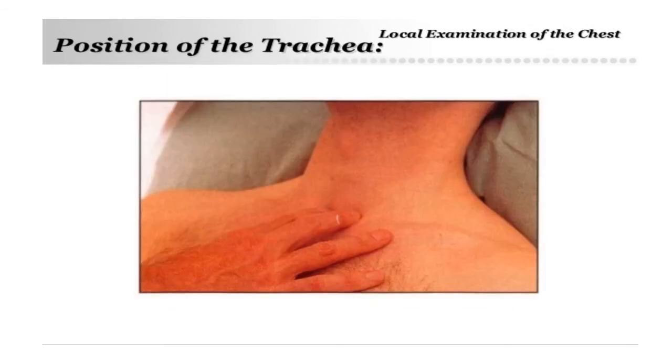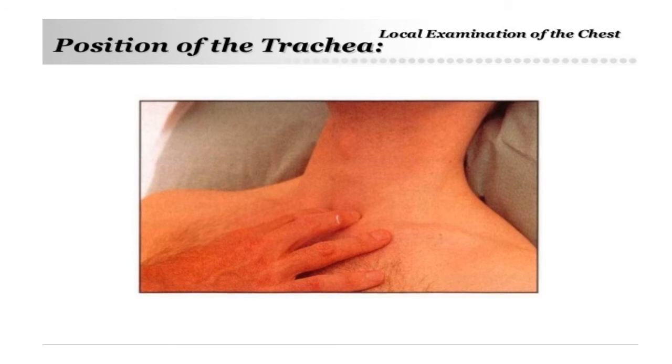Now come to the palpation of the trachea. You have to put three fingers, and with one finger you have to feel the trachea. Normally it's central in position, and if it's deviated from the position, then there is some problem.